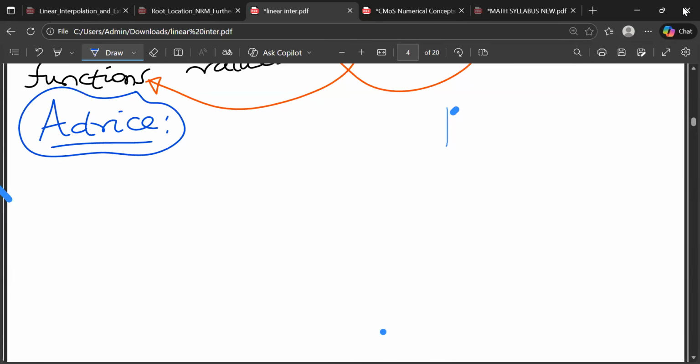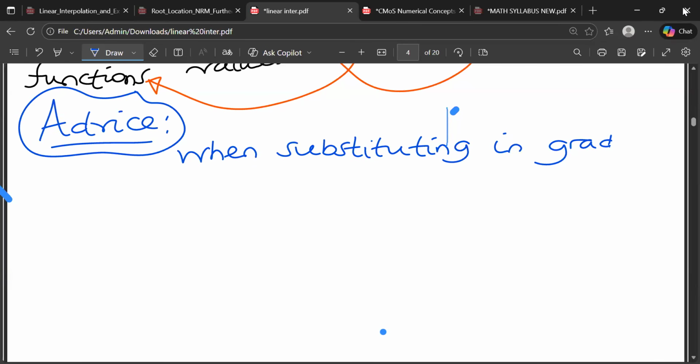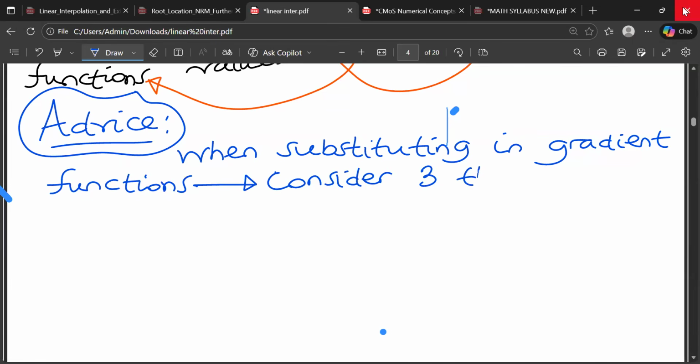The advice is simple: when substituting in the gradient functions, there are 3 things.